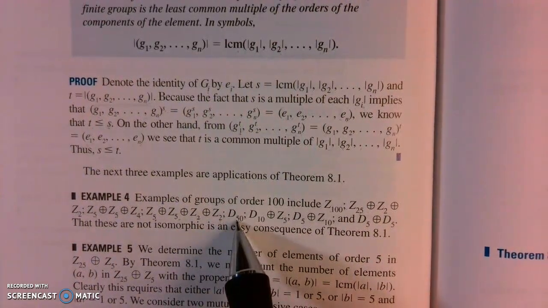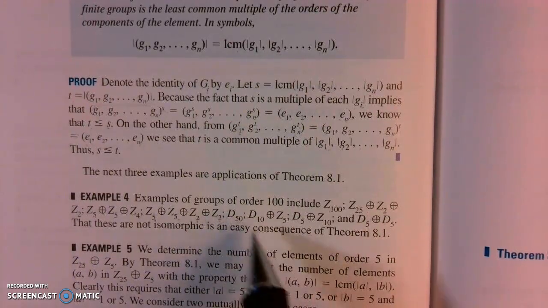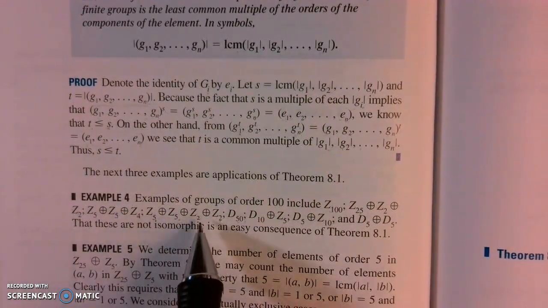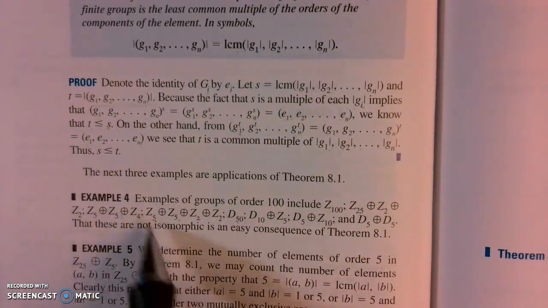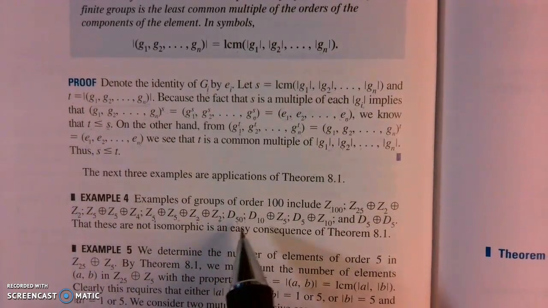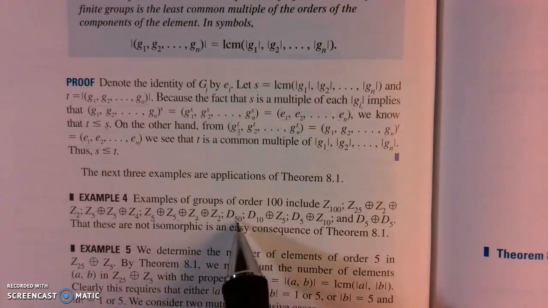This is the dihedral group. D50 has order 2 times 50, 100. And we know that it is not abelian, so it is not isomorphic to either of those listed before, because each of the previous groups is abelian.